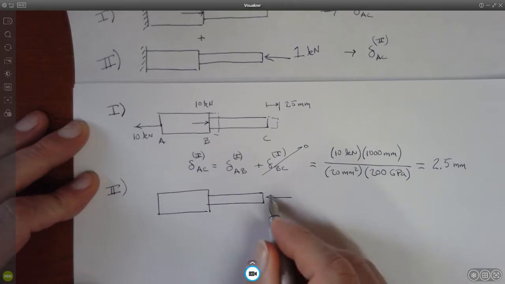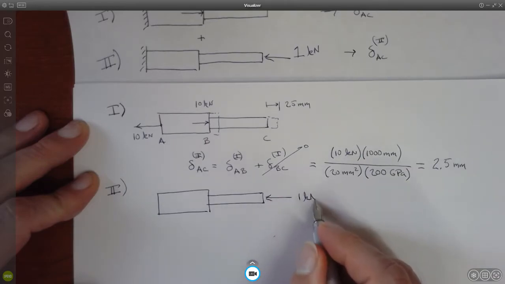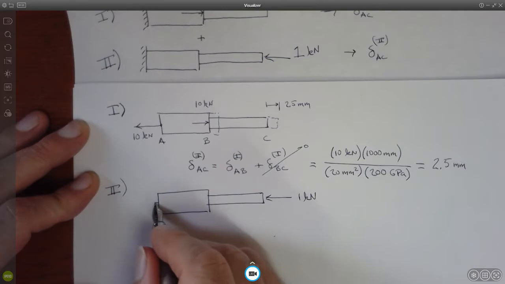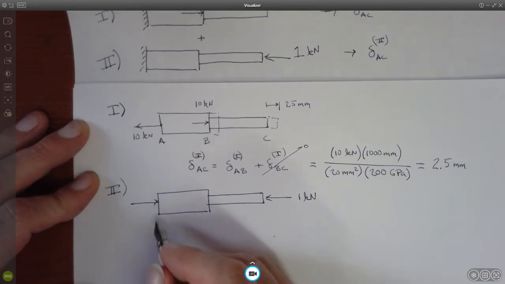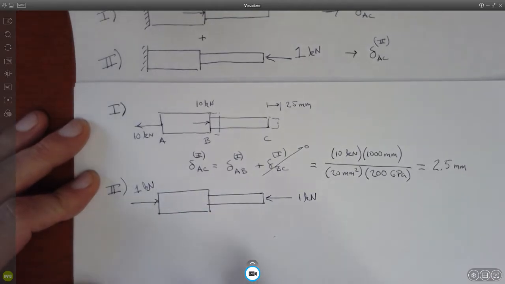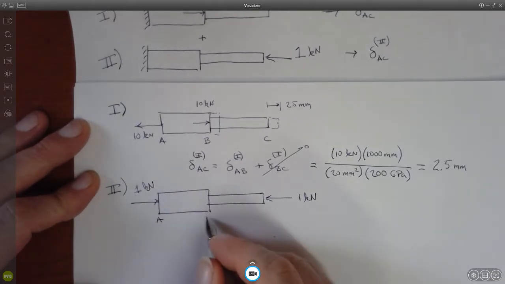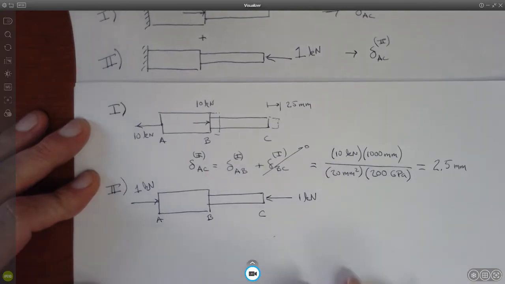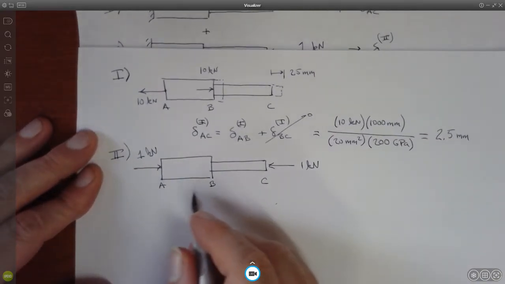I put a 1 kilonewton force on the right-hand side, and so that means on the left-hand side, the supporting reaction is going to be 1 kilonewton. This is going to be points A, B, and C. And so this is the second load case.